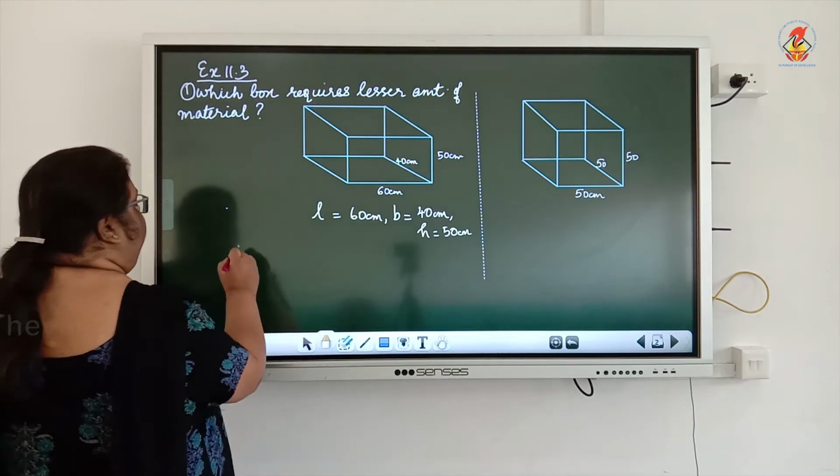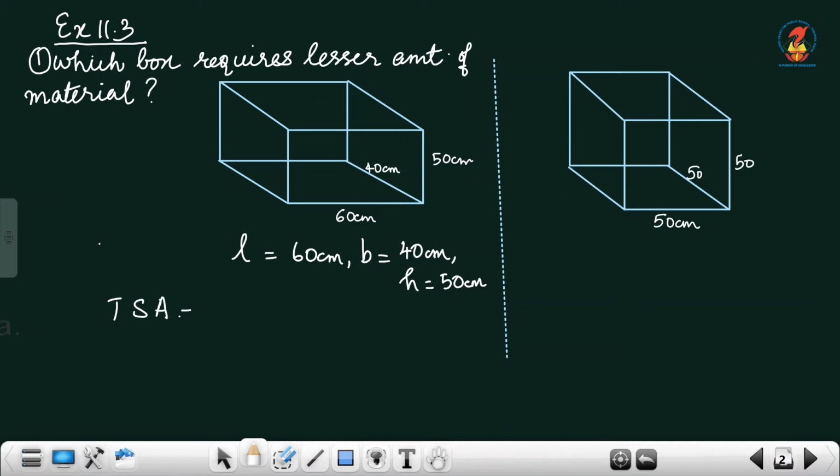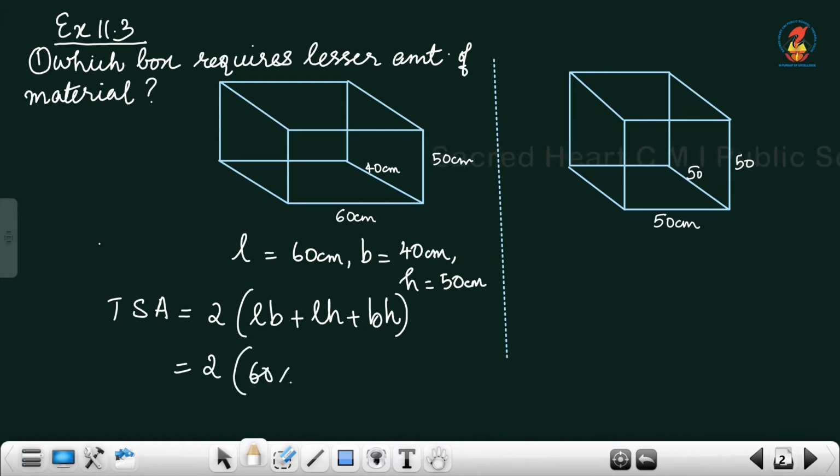So total surface area of a cuboidal box is equal to 2 into (LB plus LH plus BH). 2 into (60 into 40 plus 60 into 50 plus 40 into 50).